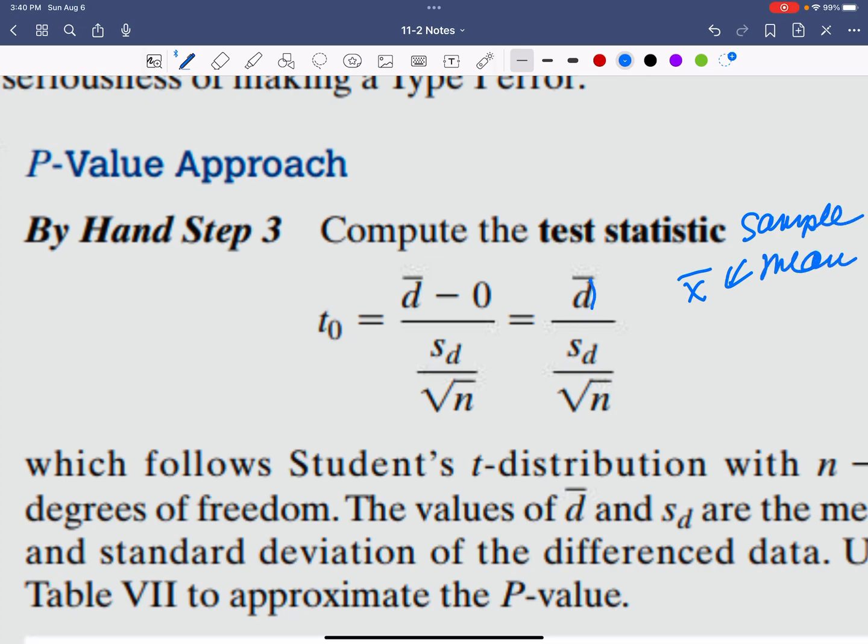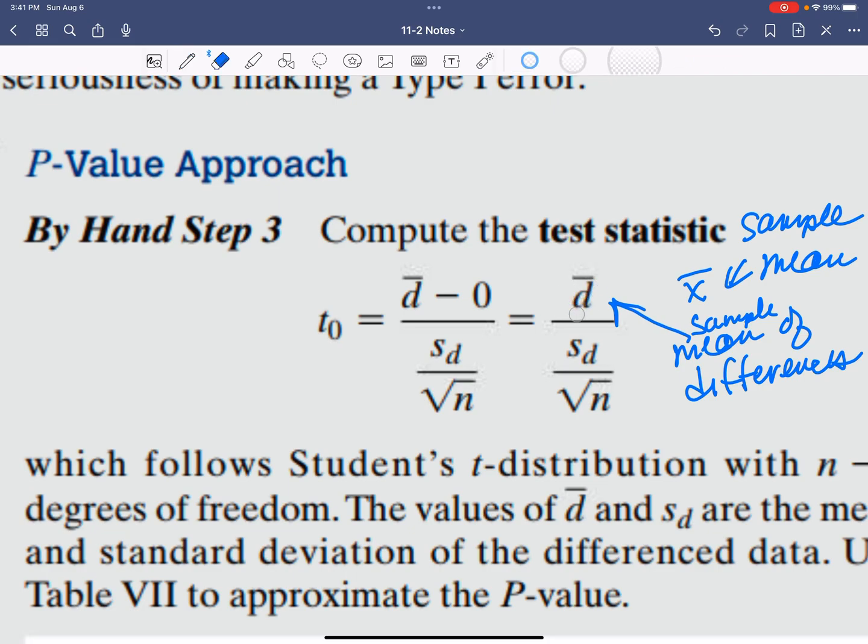What do you think this d bar stands for then? The sample mean of the differences. What do you think this s sub d is that's going right here?